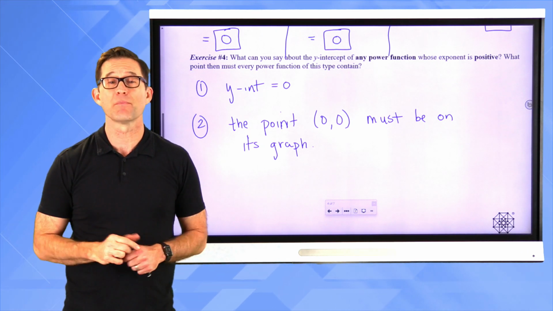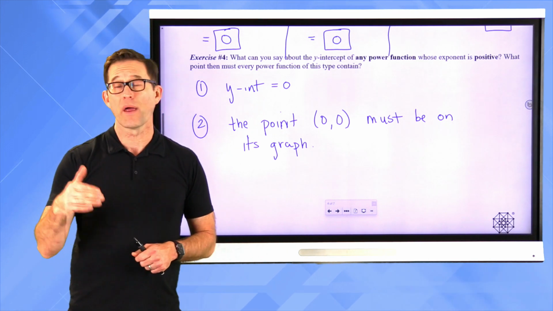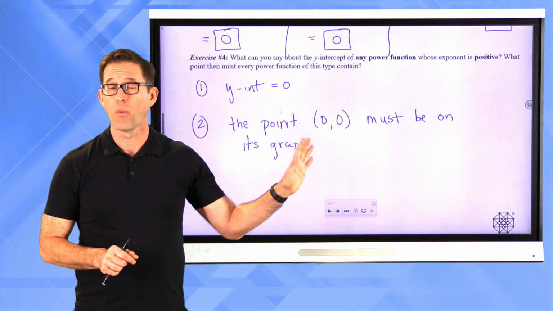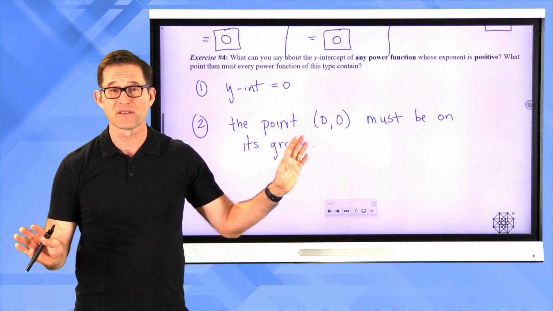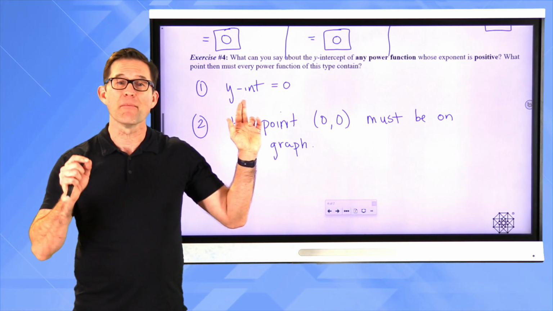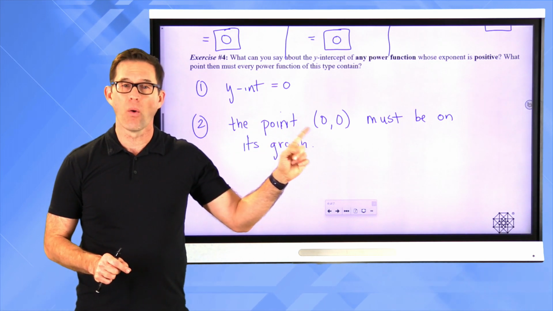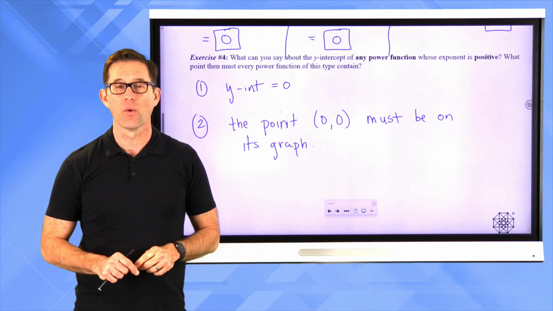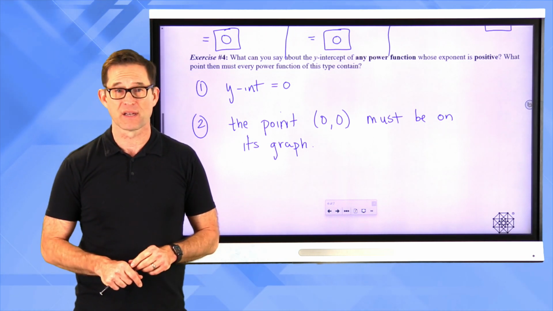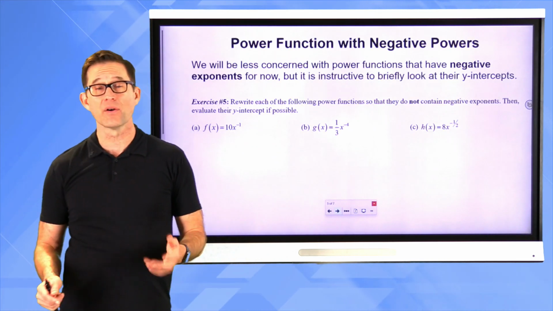When the exponent is a positive number, taking 0 and raising it to that positive number gives me 0. And then multiplying it by the constant, and it doesn't matter what the constant is, I still get 0. So every power function with a positive exponent has a y-intercept of 0, which means the origin, the point (0, 0), lies on every power function where the exponent is positive, which is kind of cool. That's not true of a lot of different functions.